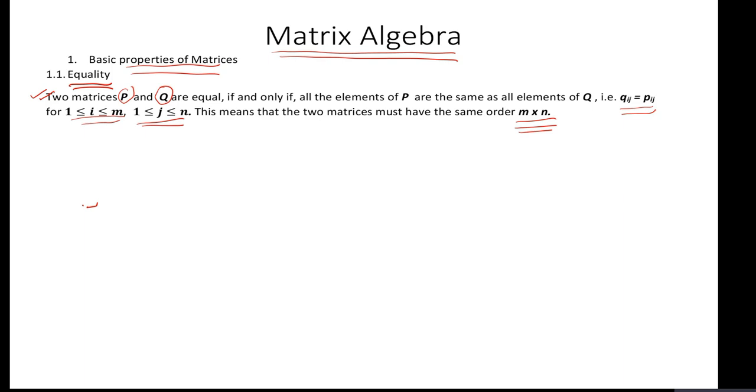Let's take two matrices, P and Q. So I'm going to call the one P, some matrix, another matrix Q. And these two matrices are equal if all the elements are the same. So let's make a matrix for P and give it a particular order. Let's just say 1, 2, 3, 4, 5, 6. There's a matrix.